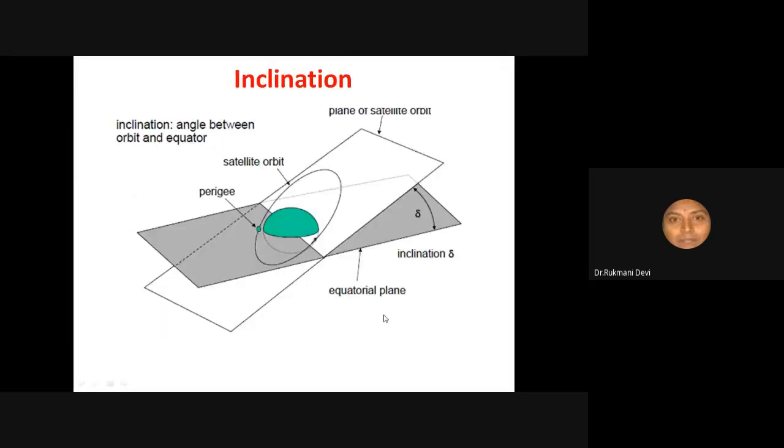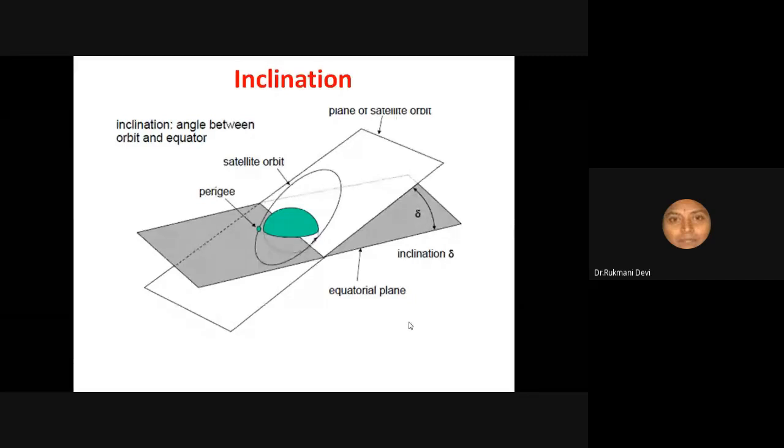The next term, the inclination. What is meant by inclination? We have polar orbits, equatorial orbits, and inclination. We know polar is 90 degrees, equatorial is 0 or a small angle.